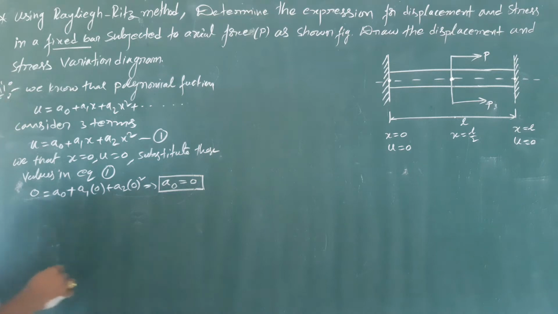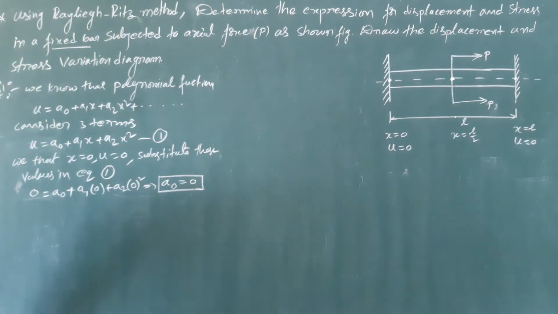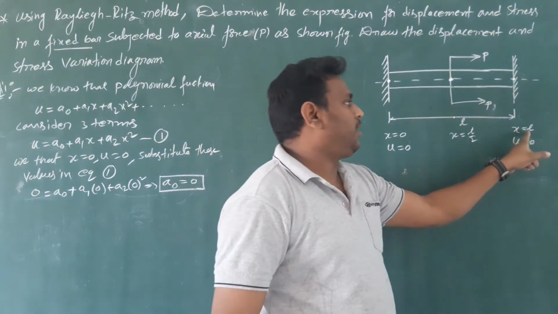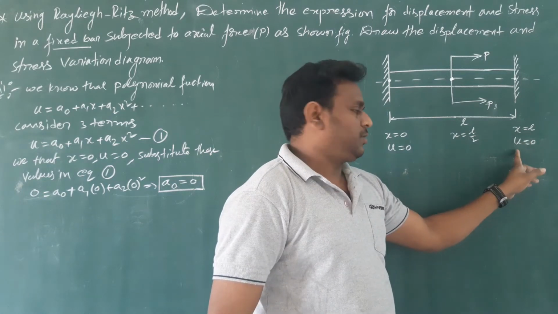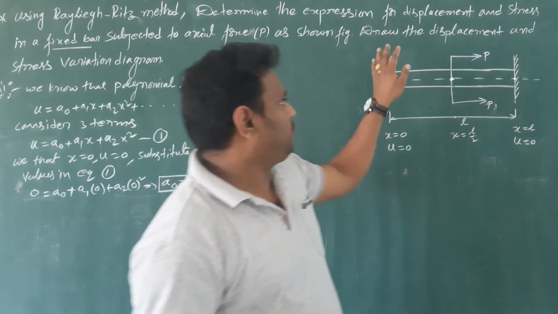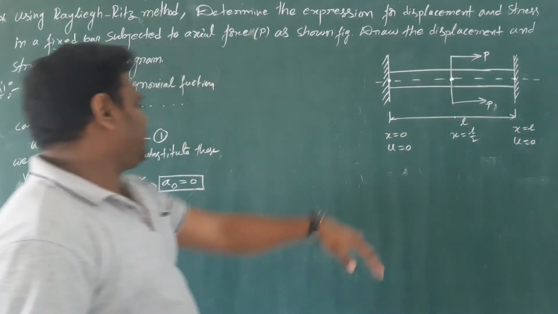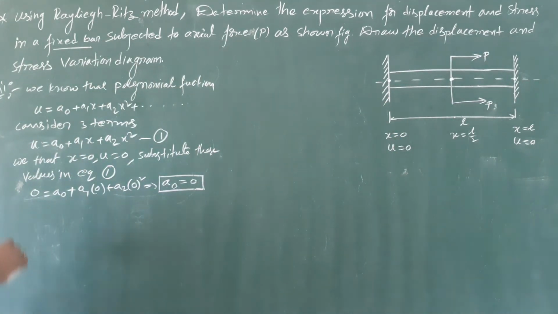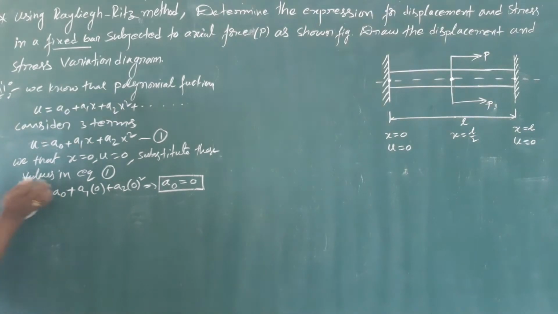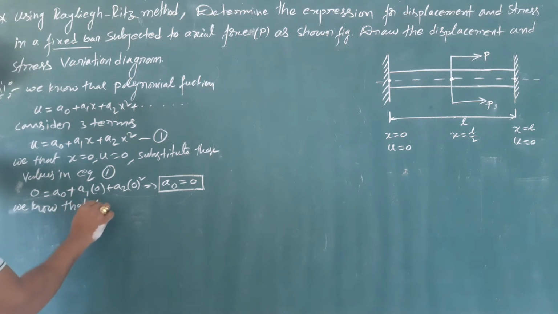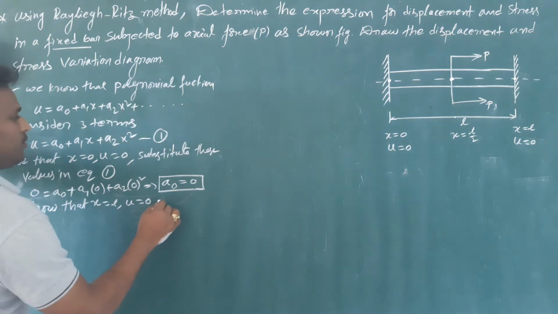Now take boundary condition 2, that is, here x is equal to L. Displacement is also 0 because there is no deflection at this point and this point. We know that at x is equal to L, displacement is also 0.